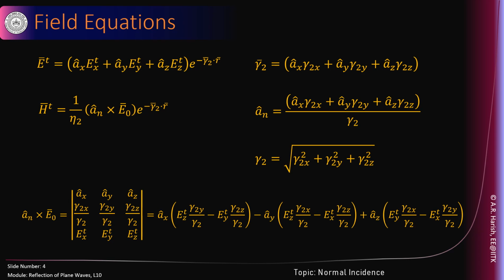Then we write the components of E and simply find the determinant of this. Convince yourself that this determinant is given by this equation here. If there is a mistake, please let me know, I'll fix it, but my request is, please verify. For example, a x cap E zt times gamma 2y by gamma 2 minus E yt times gamma 2z by gamma 2 and so on. Please verify it. It is indeed correct.